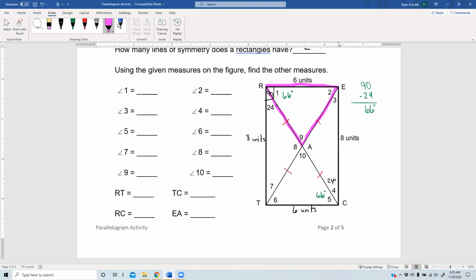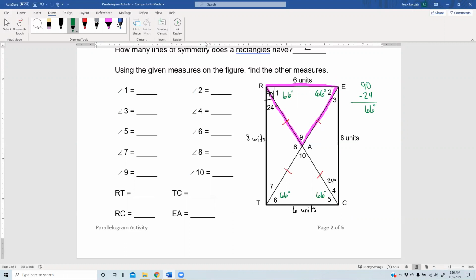What kind of triangle is that? It's an isosceles. 66 is a base angle, so that means that 2 has to be our other base angle. So this one is also 66 degrees. While we're at it, we might as well say 6 is also 66 degrees. Okay, so there, we've got our 66s in there.